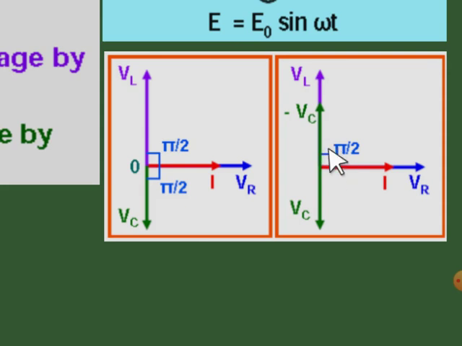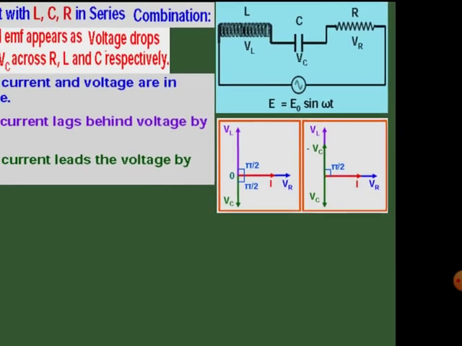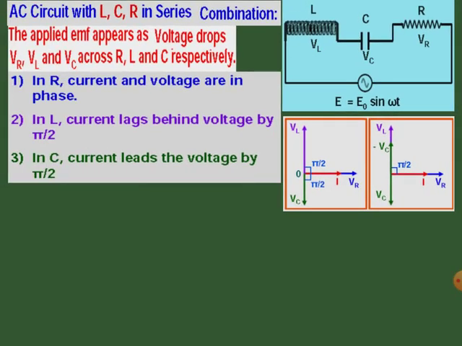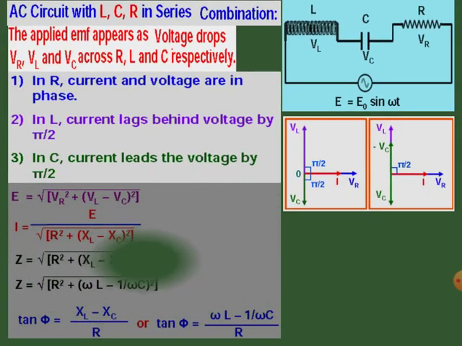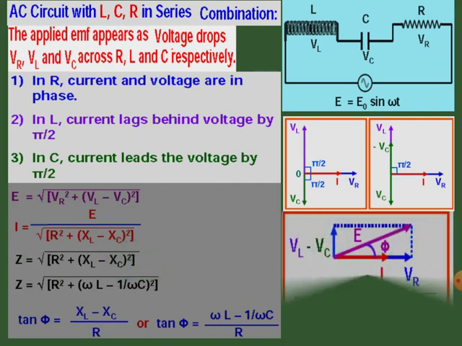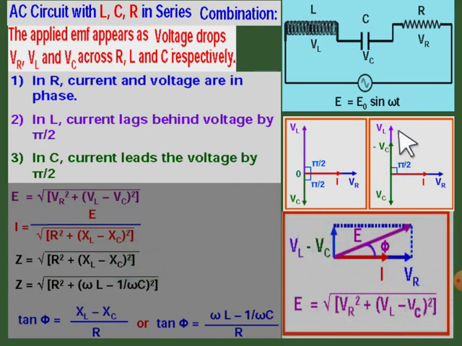And if we have the phasor of that VL minus Vc somewhere here along with this VR, then it will be coming like this. So these are the equations that will be coming. See that VL minus Vc, if you draw it here, then it will be like this.